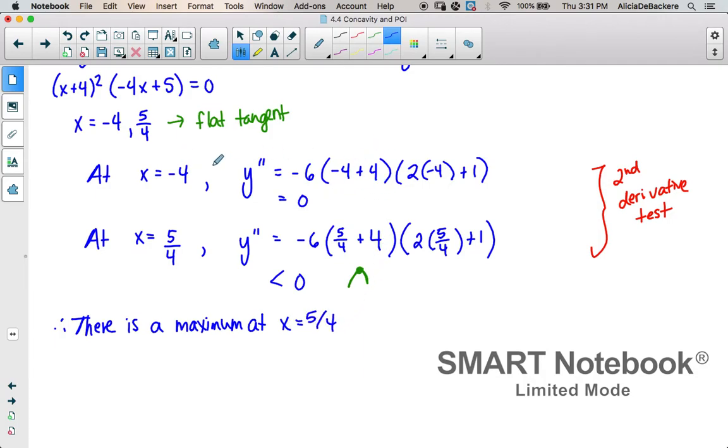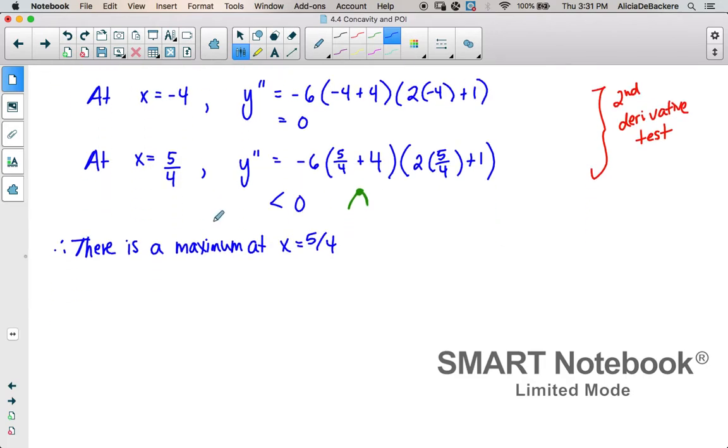So what's going on here at x equals -4? We figured out that there's a flat tangent, but remember above we also figured out that -4 was a point of inflection. And so what that means is I was switching from concave down to concave up at that point, but I also have a flat point.